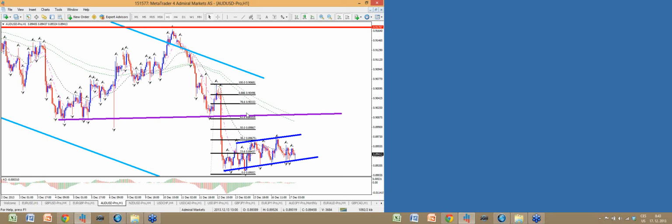So the likelihood of price going even above those levels is not too high at the moment, at least.